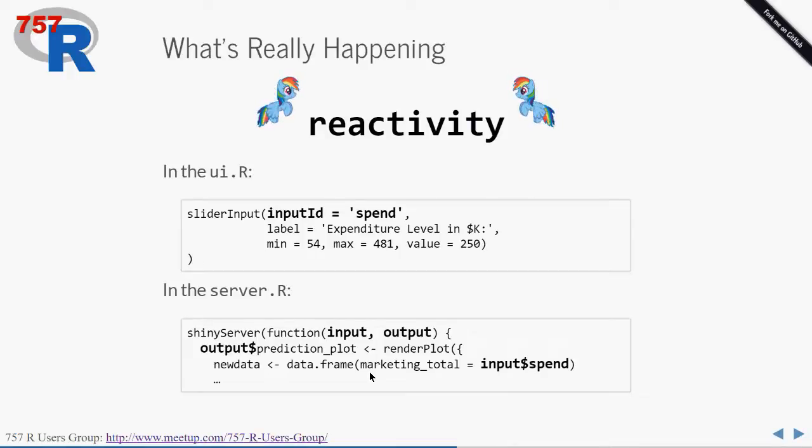Whenever you have something on the UI, its value is cached. And so if the slider's at 250, the value on the server side is 250, and it regenerates your plot based on that, and you see the dot move along the regression line. And it doesn't actually rerun that code or that plot until I change the input again. And I change it to, let's say, 300 now, and it reacts to that change.